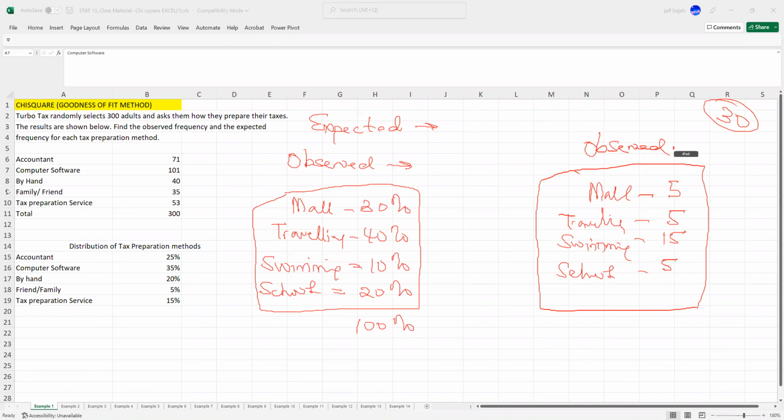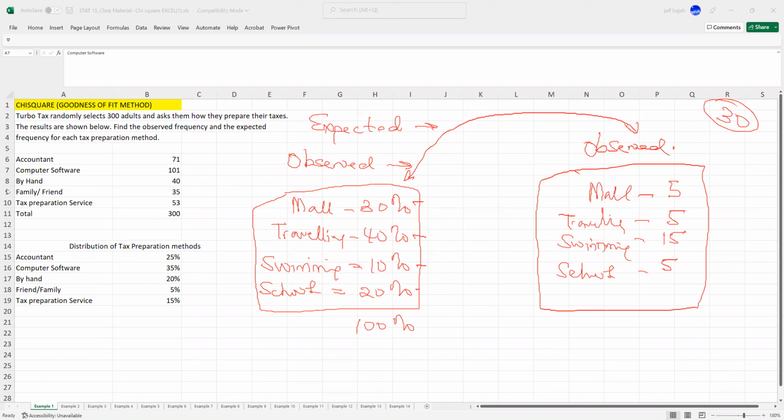So what we can do now is we're going to try to compare our observed to our expected. Remember, our expected says that if you survey teenagers, 30% of them are going to say they love the mall, 40% will say they love traveling, 10% will say they love swimming, and 20% will love school.